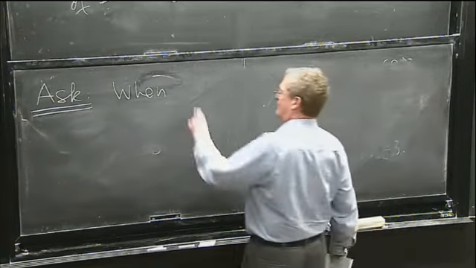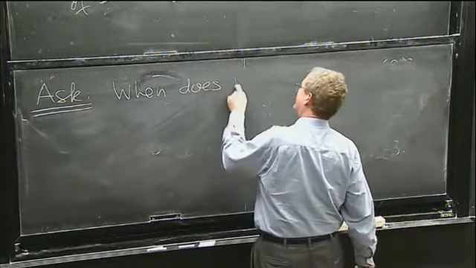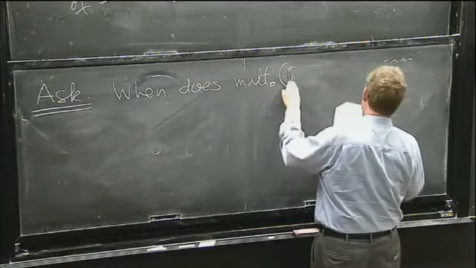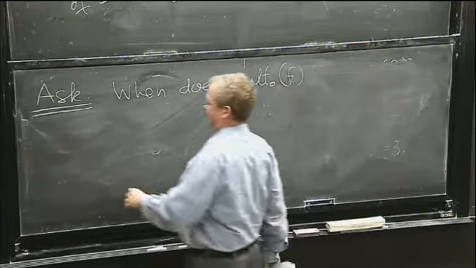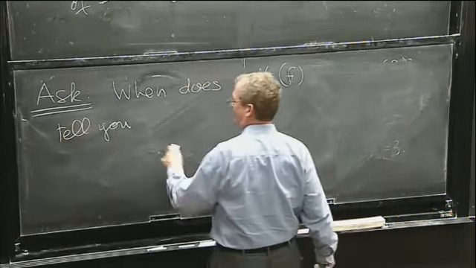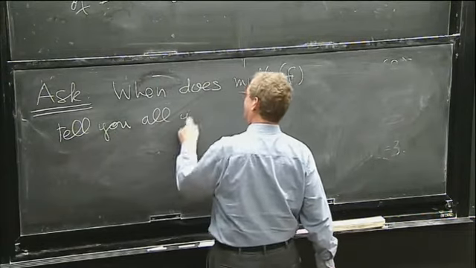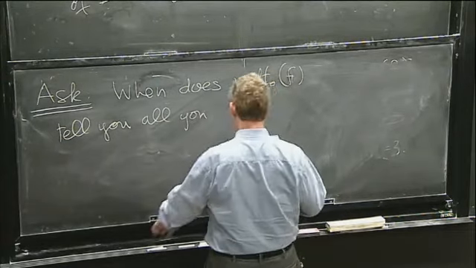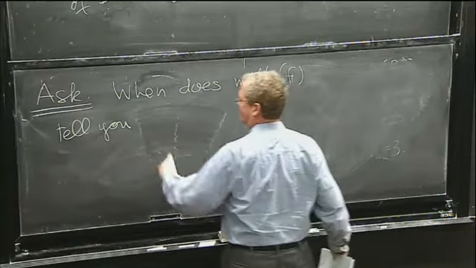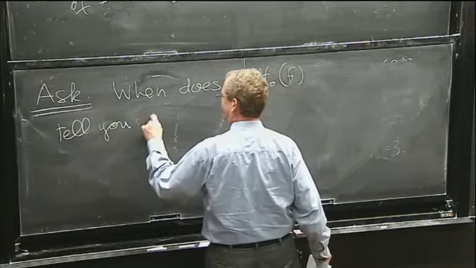So let's ask, when does this invariant, the multiplicity at 0 of D or of F, tell you all you might like to know? This is a vague question.